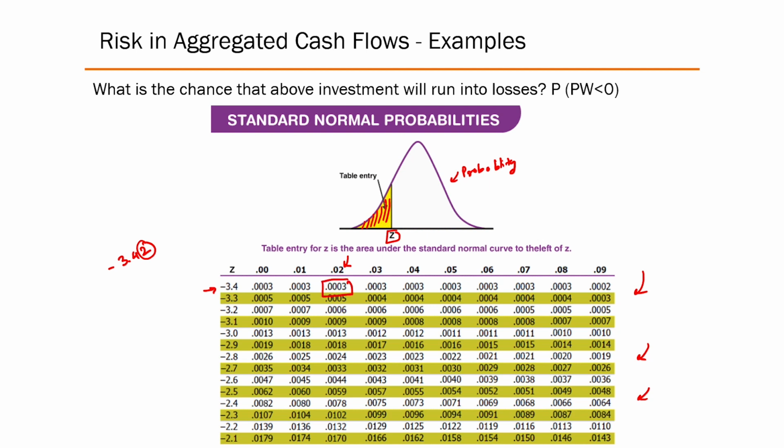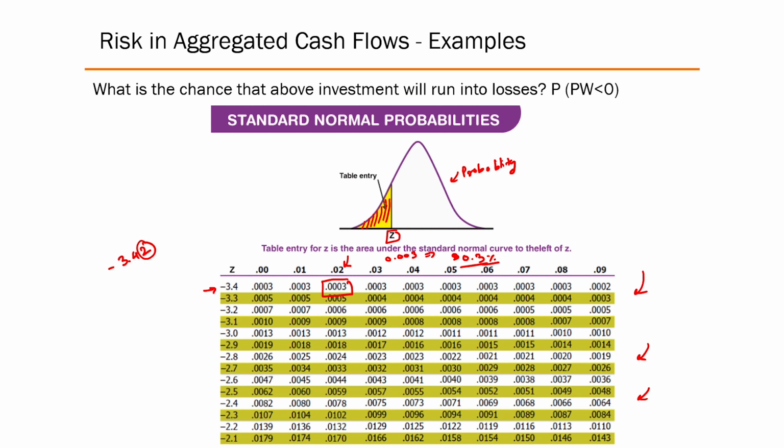So it means that the area under the curve for a Z value of minus 3.42 would be just 0.003, which will be equivalent to what? 0.3 percent, right? So in this case, there is only a 0.3 percent chance that the value will go lower than this particular Z. That's how you read the Z curve.